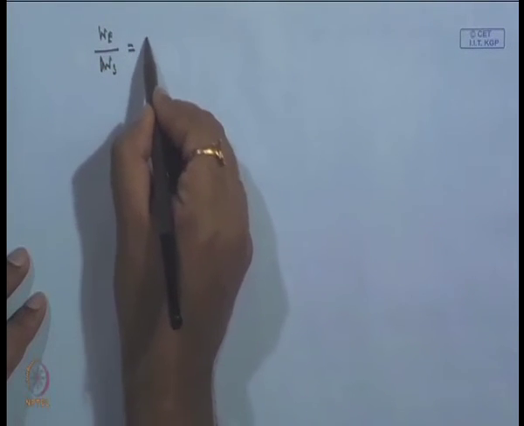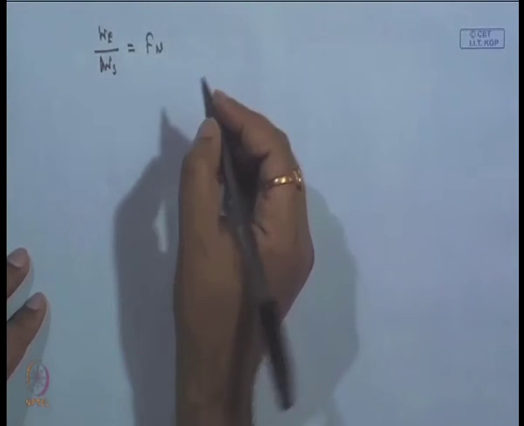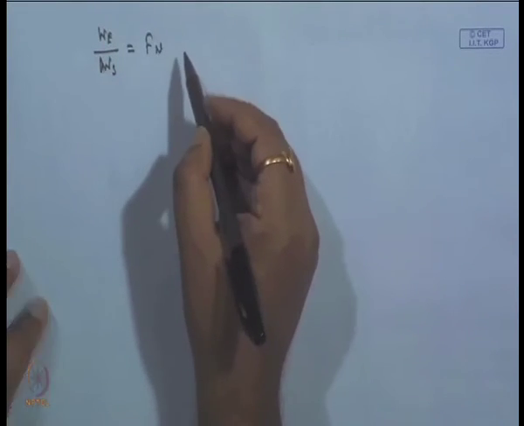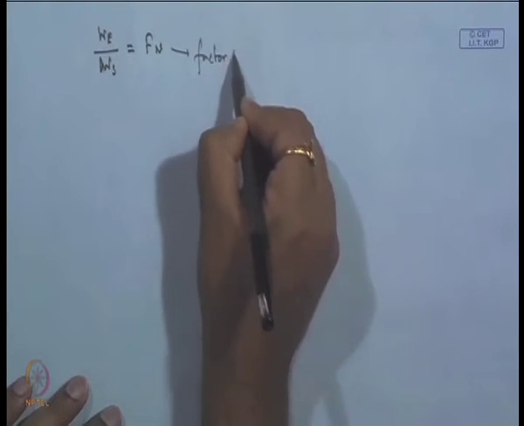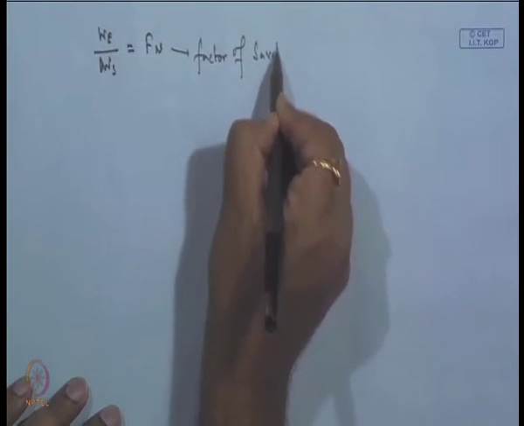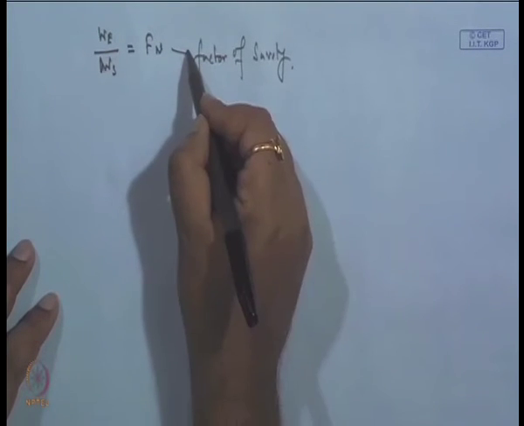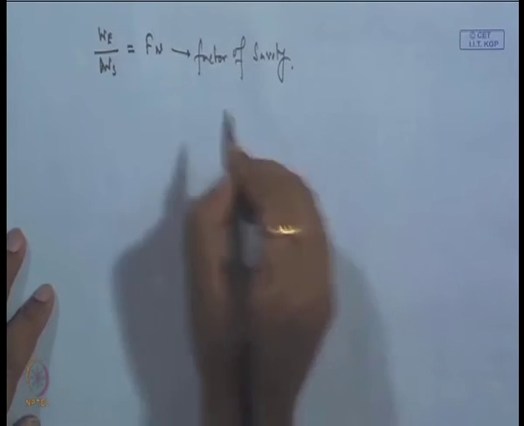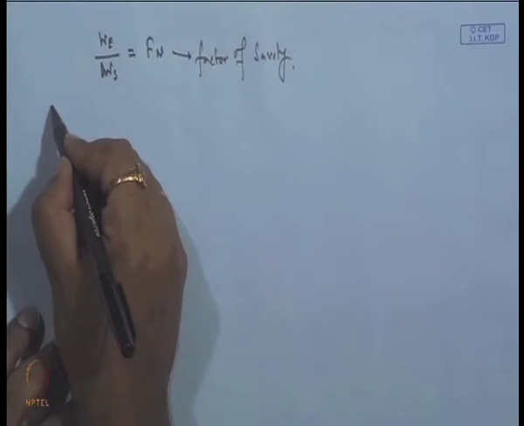So, that ratio is also called a factor of safety for the design, because this is the additional factor of safety you have to provide to make the wall stable under seismic condition as compared to the static condition. So, those things were on the no displacement condition.